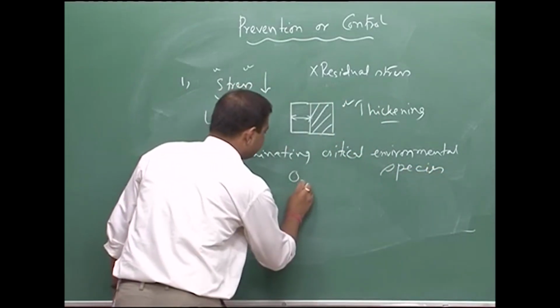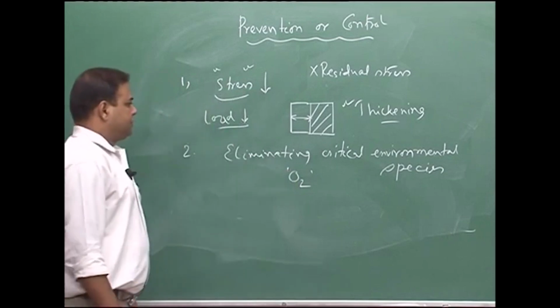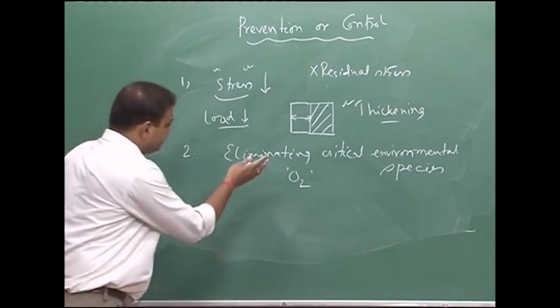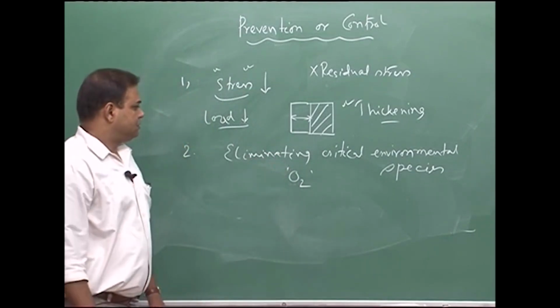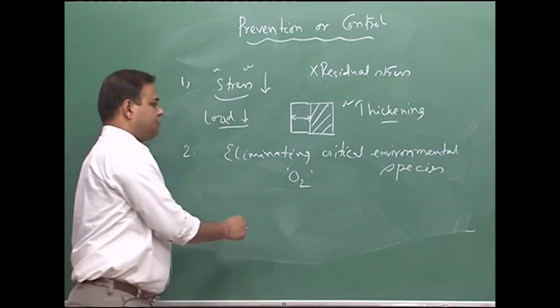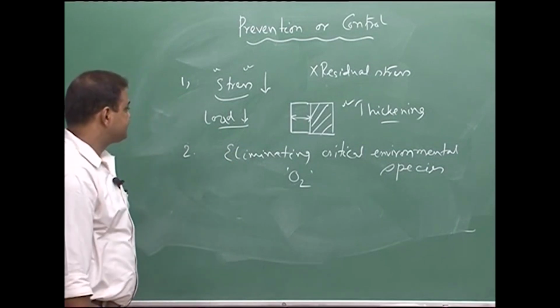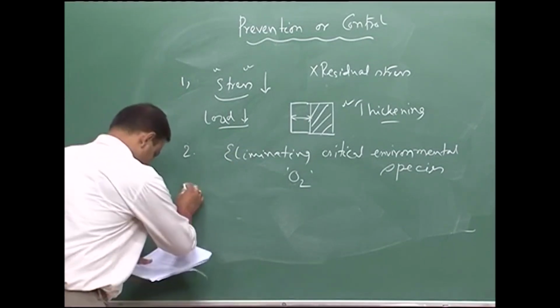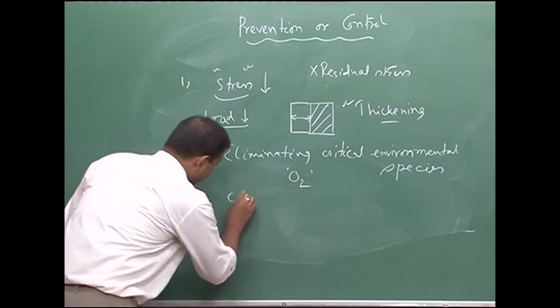For example, in case of 304 stainless steel, we can get rid of oxygen by a suitable deaeration technique, and then we can control or prevent SCC. Now, third one, we can change the alloy.